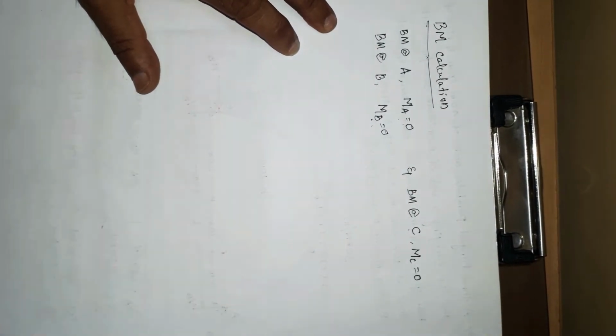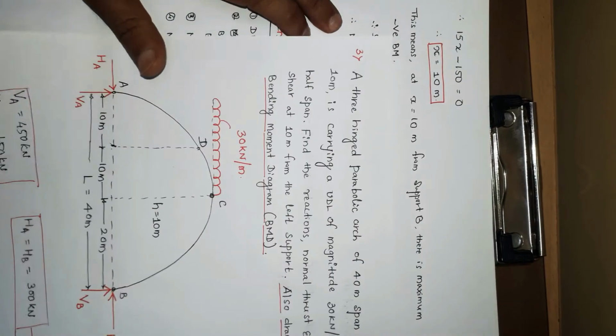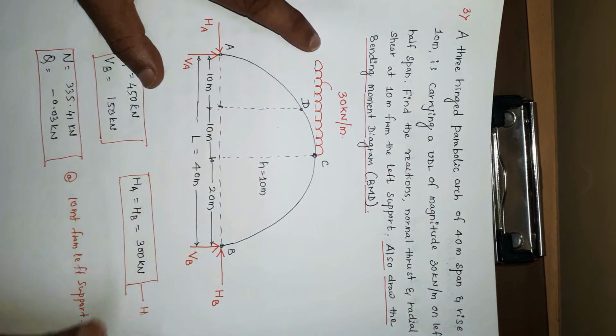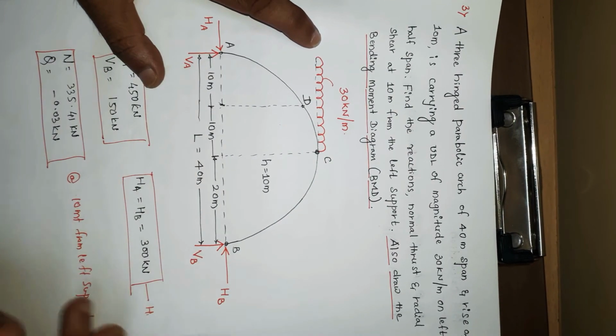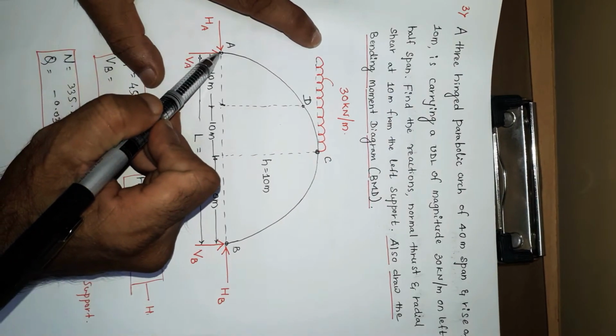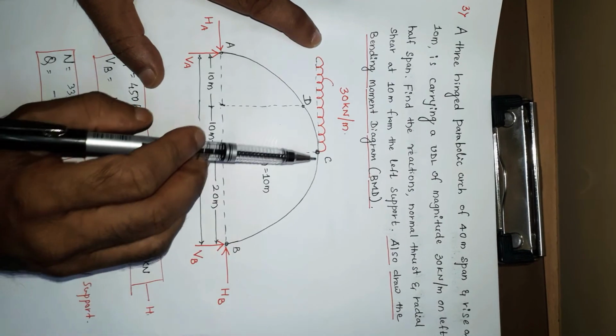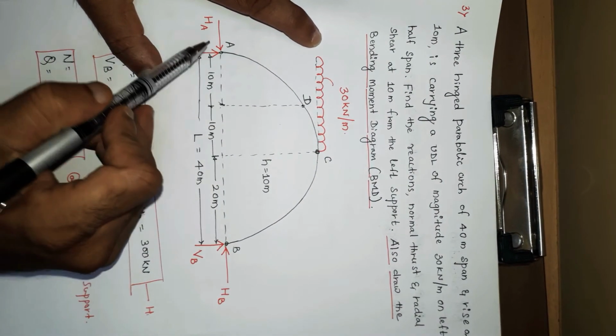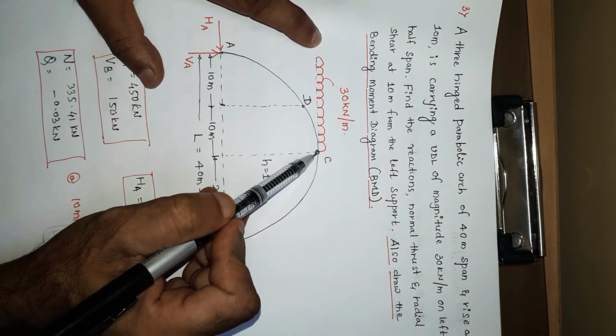Now let us find out the bending moment at D. Let us divide the total arch into two sections, that is portion AC and portion CB. In this, bending moment at A is 0, bending moment at C is 0.